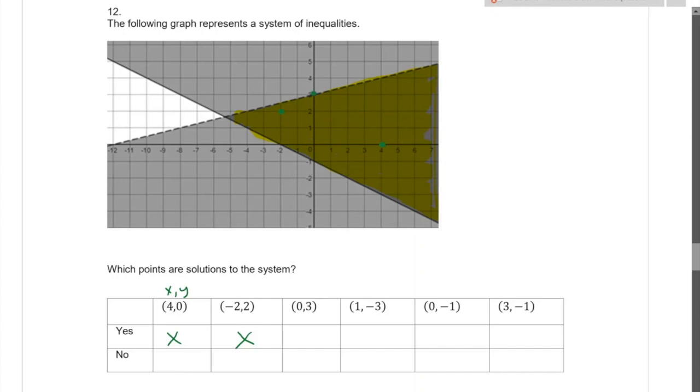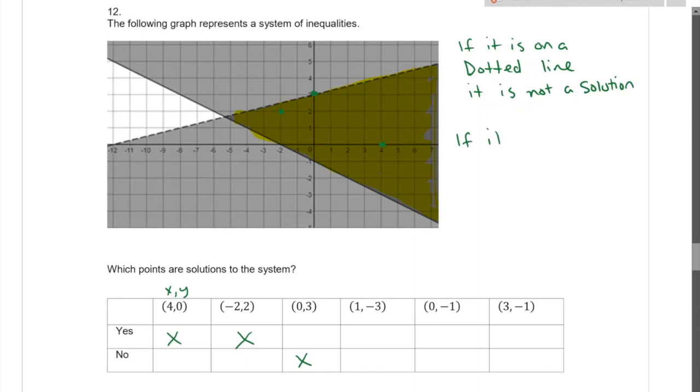Well, here's the tricky part about this. You see how it's on the dotted line? Since it's on the dotted line, it is no. So if it is on a dotted line, it is not a solution.